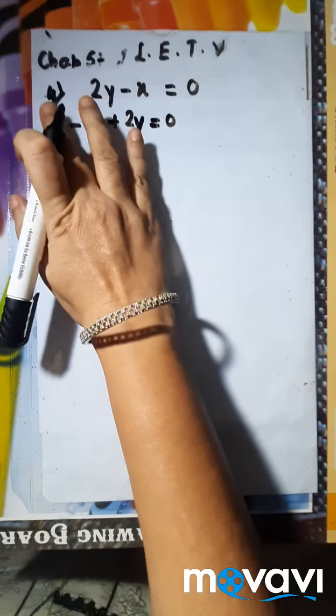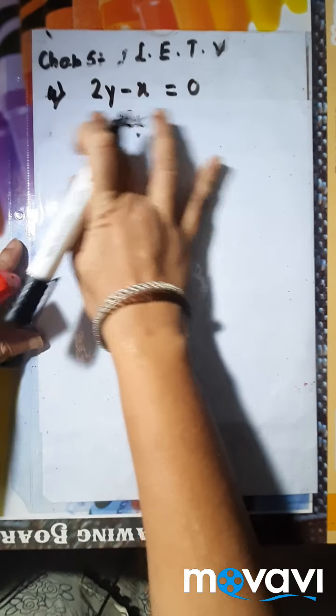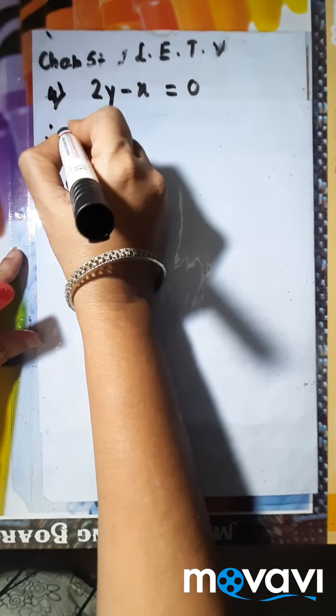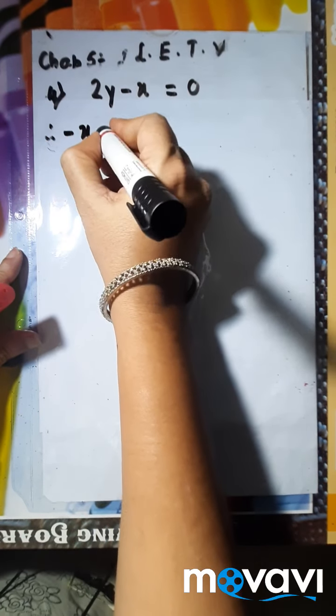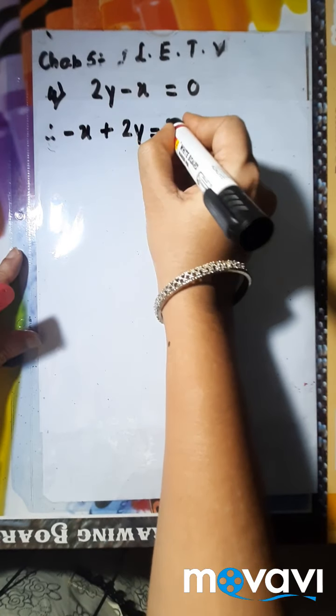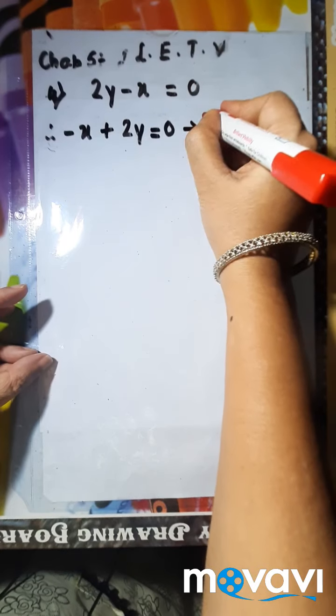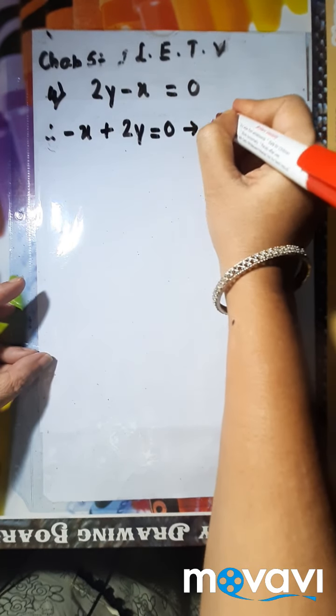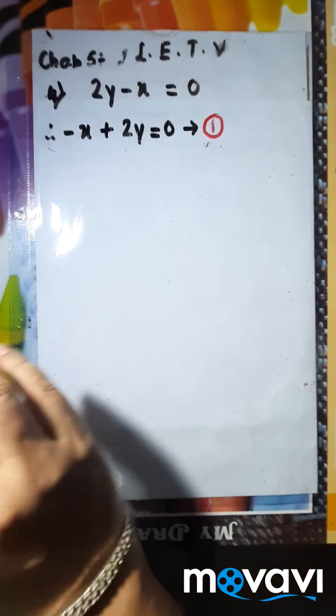I'll just move a little bit this side because when I have to write multiplying and all, it becomes a little difficult, right? So, therefore, minus x plus 2y is equal to 0. This is my equation 1. You please write it as equation 1, right?